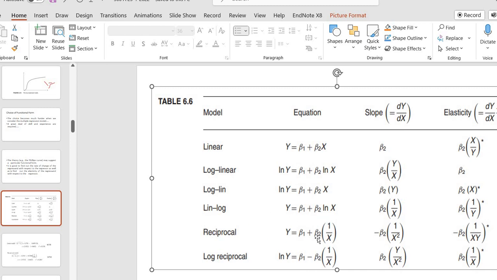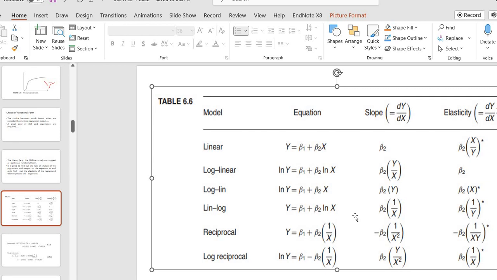And similarly, the lin-log and the rest, all these models you can do yourself. Having this understanding that we have different kinds of models, and a particular interpretation of the slope, and we can also work out the elasticity, we are interested to know what is meant by the beta coefficient and what is elasticity in every case.